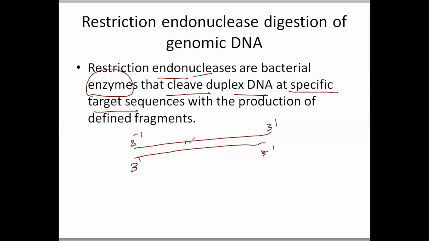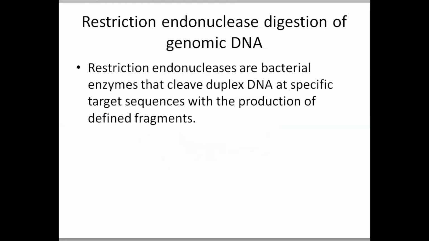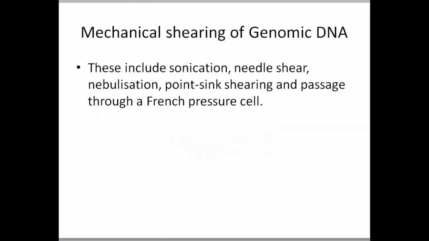I need this specific fragment, which has some sequences known as the restriction sites. That is where the restriction enzymes come and cut the DNA fragment, and hence we get the insert that is needed. So this is how restriction endonucleases work, and this is one method in which we can generate the fragment.